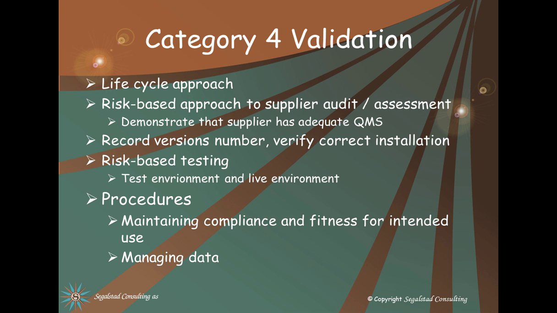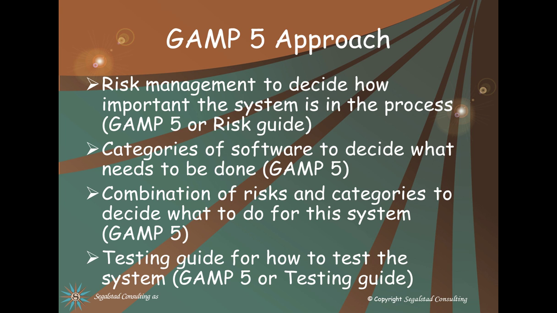That is the vendor's job. And it continues with our job as users with selection of the system, installation, implementation, testing, and finally maintaining the system in a validated state by complying with procedures for the system.